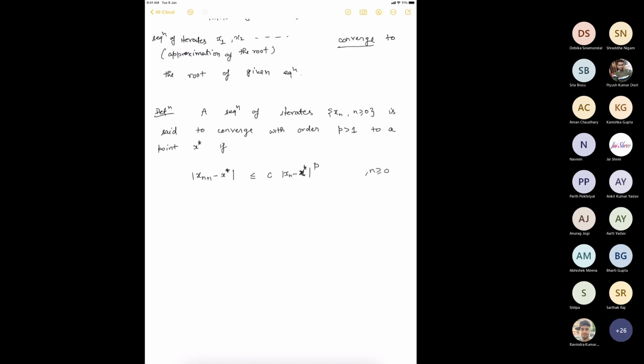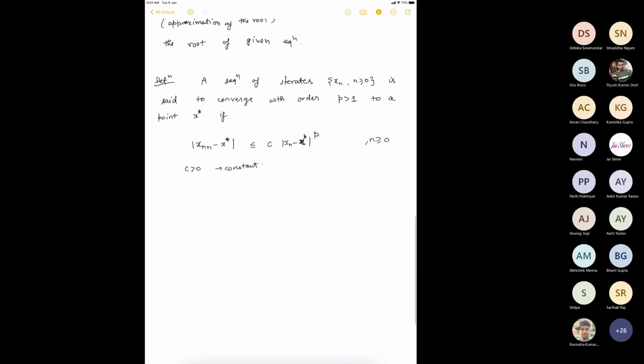And c here is some positive constant. So you say that the sequence of iterates xn converges to x star with order p if this happens.